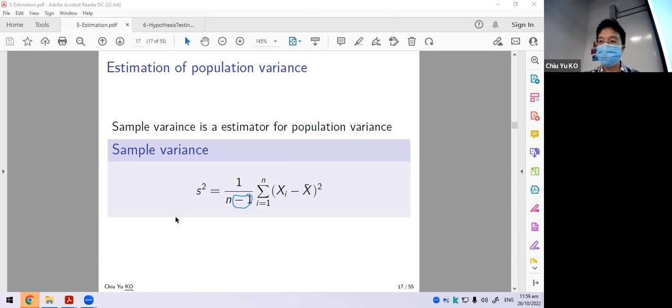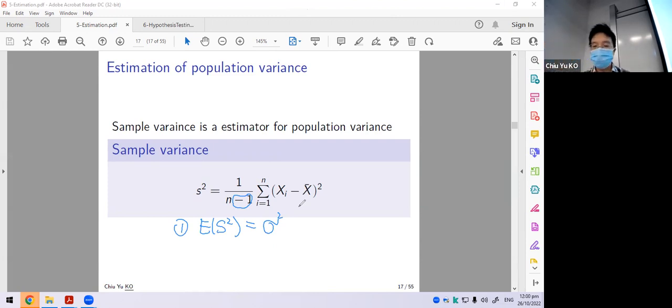The first one invokes the idea of unbiasedness. This is our first defense: it is unbiased, which means that if you use this, you will not overestimate or underestimate on average. On average, you get what we want. Is that clear? That is the first line of defense.